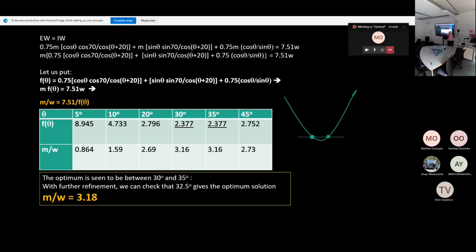When you differentiate cos theta, it's minus sine. When you differentiate tangent, you get, I can't remember, I think it's 1 over something. But anyway, if you know your trigonometry, it's not very difficult to differentiate this with respect to theta, put it equal to 0, and you would find that the algebraic solution will be very, very close to this as well.